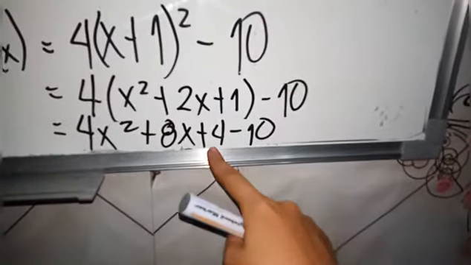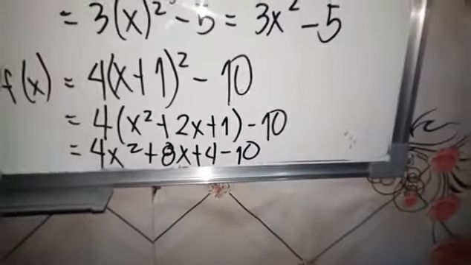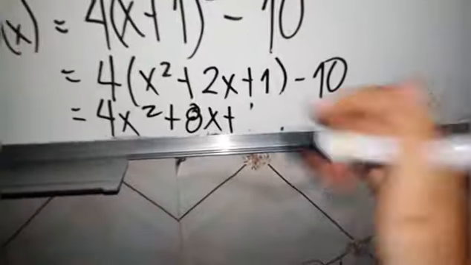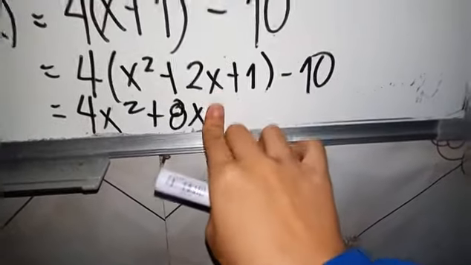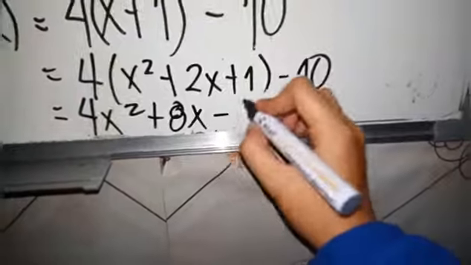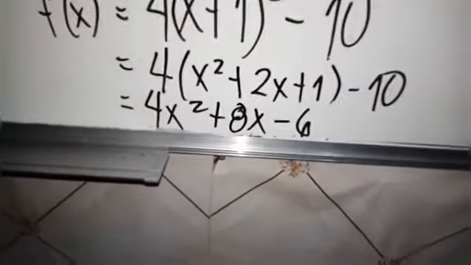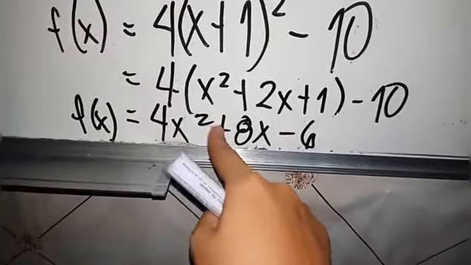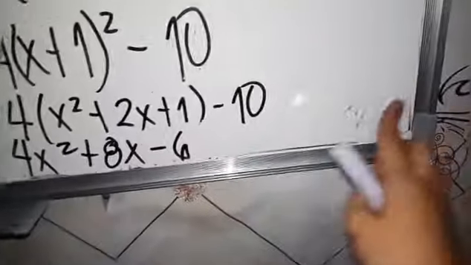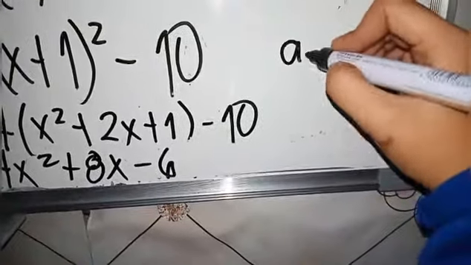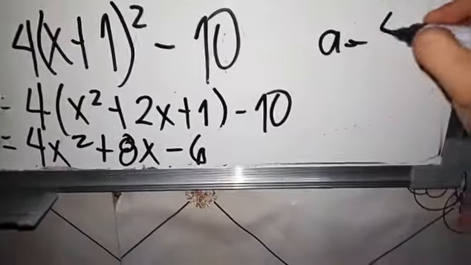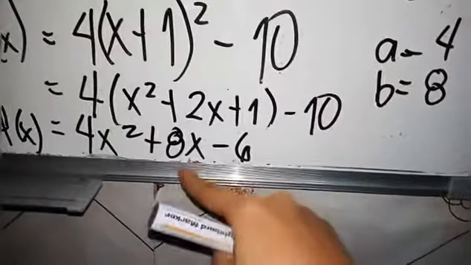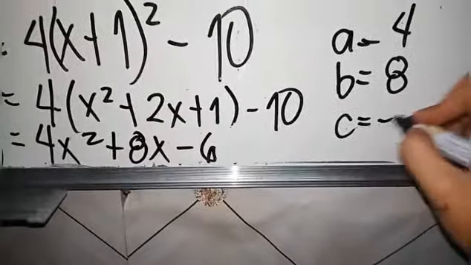So, we have now 4 minus 10 will give us simply negative 6. So, ito ay magiging negative 6 na siya. Okay, so yung ating final equation ay we have f of x is equal to 4x squared plus 8x minus 6. Wherein yung ating value of a will be 4. Value of b will be positive 8. Then, value of c will be negative 6.